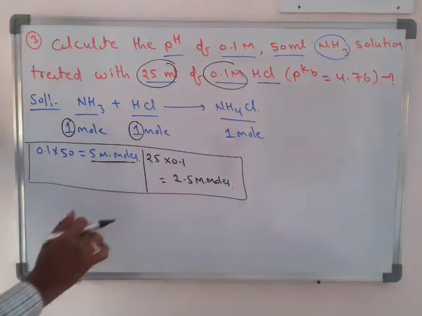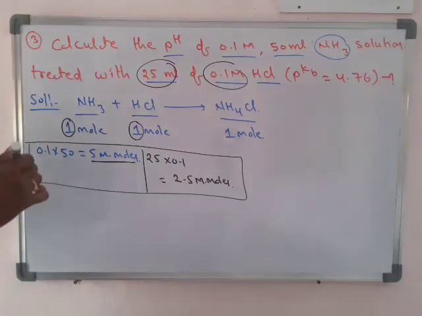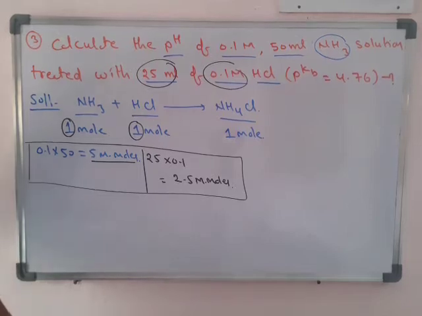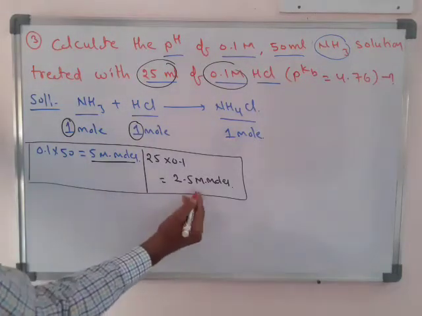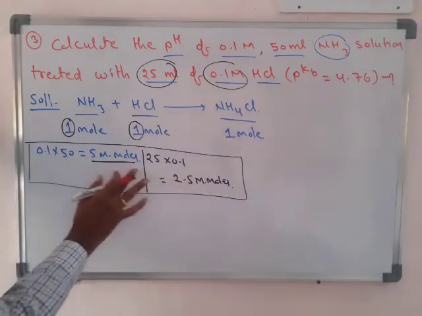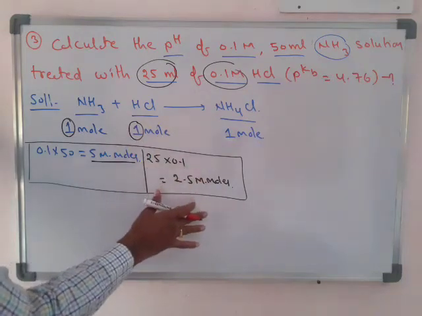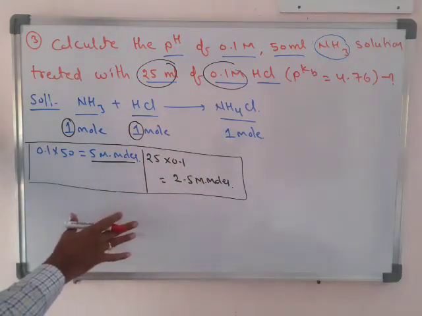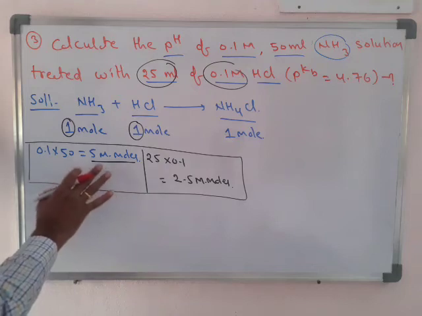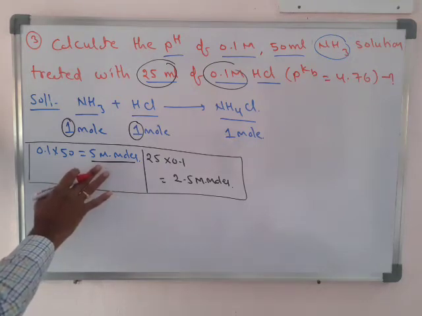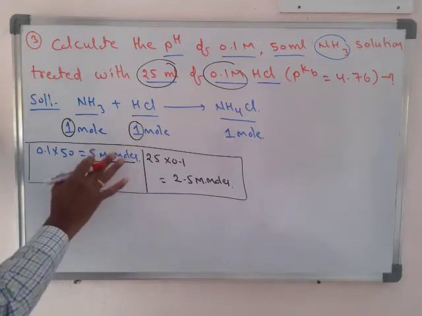Only 2.5 millimoles of HCl is given. So the limiting reagent is HCl, because when the total HCl is consumed, there is no further reaction. The amount left unreacted is 2.5 millimoles of ammonia.